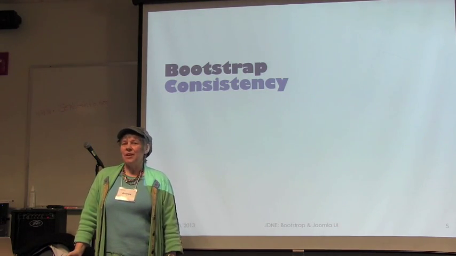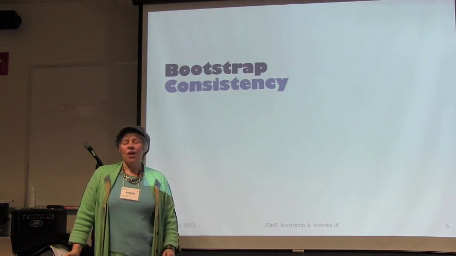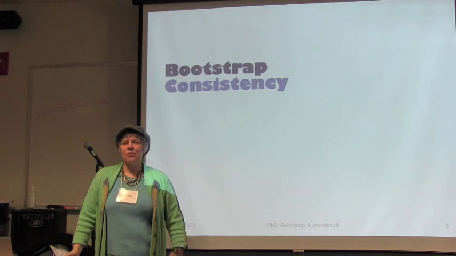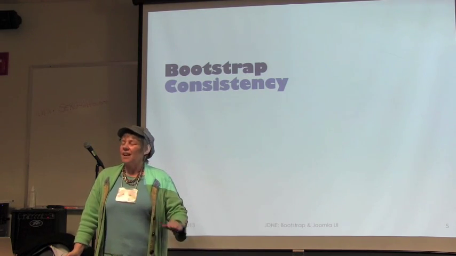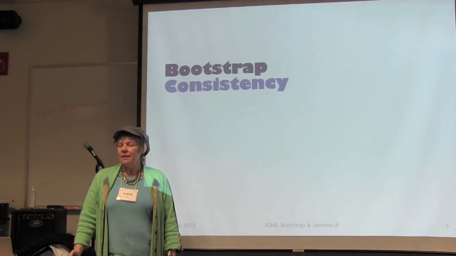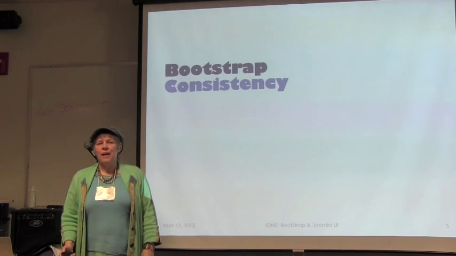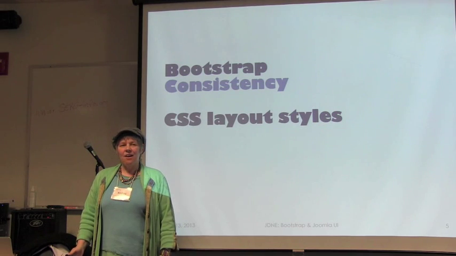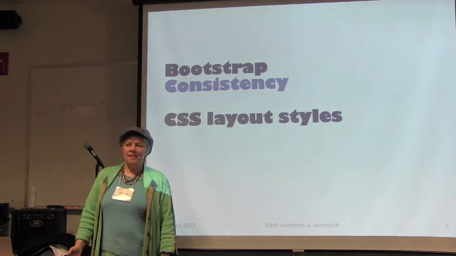We wanted it so that if we go to your website, it looks like your website, whether it's showing K2 or Job Social or Virtuemart or any of these other kinds of extensions. So what Bootstrap does to give us that consistency is it has a set of CSS layout styles.